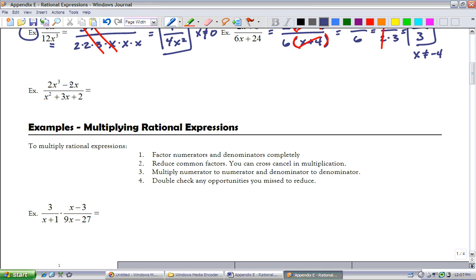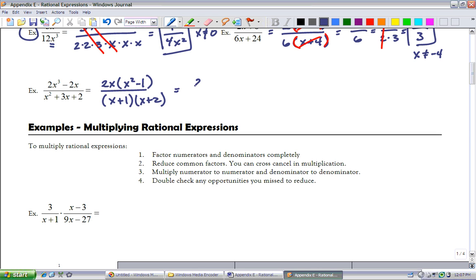Last one, the most difficult one in simplifying here, we need to look at what we can factor out. So if we begin factoring just the numerator, we can take out a 2 and an x, okay, and that will leave us with x squared minus 1. And in the bottom here, here's a quadratic that can be factored to x plus 1 and x plus 2.